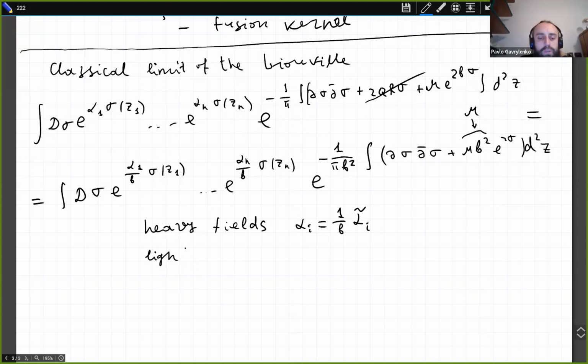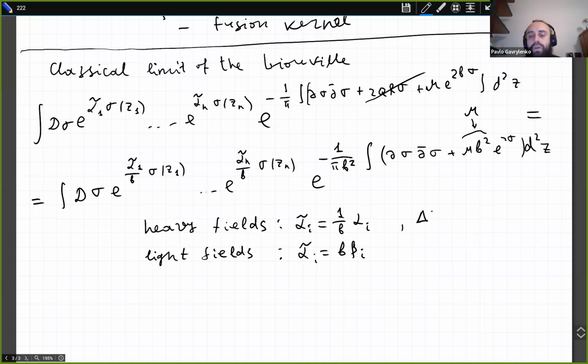And another opposite case is to say that these alphas equal to b and beta i's. Maybe let us start from some tildes and then make this choice. So let us compute the dimension of such field.